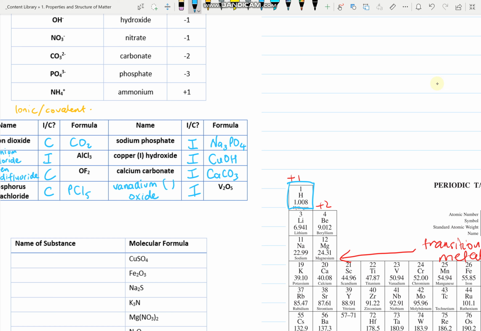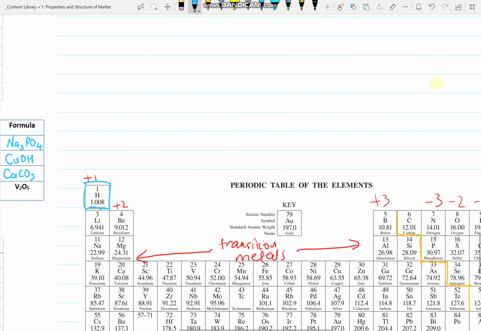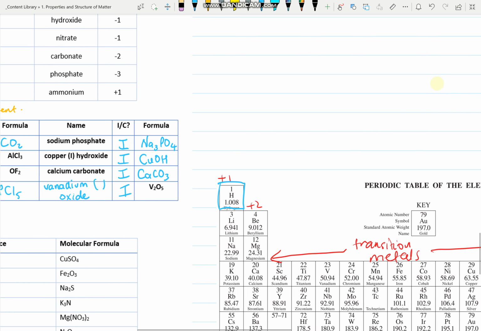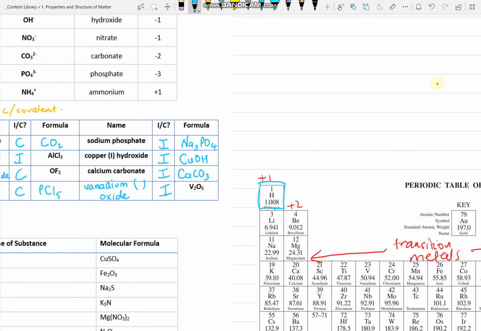And how do I work out? Well, one method to work out is to go, well, I do actually know the charge of oxygen. Oxygen is in group 6. Okay, oxygen's over here in group 6. And every single time, oxygen will have a charge of -2. So I do know that oxygen is going to be 2 minus. And I could set it up like algebra.